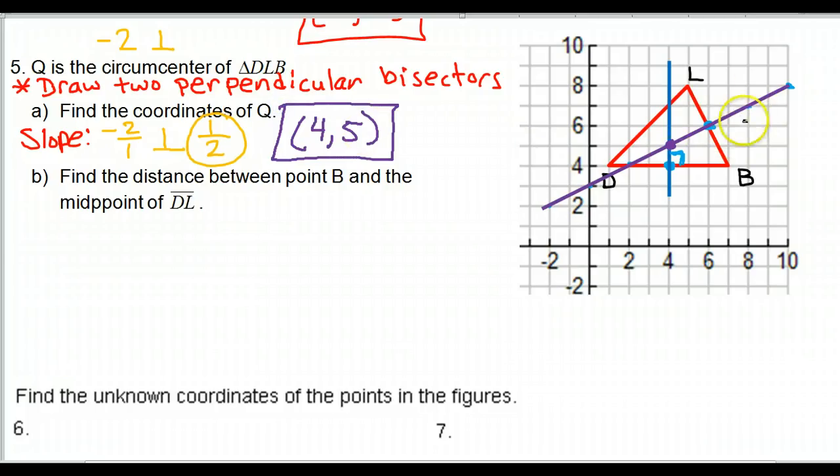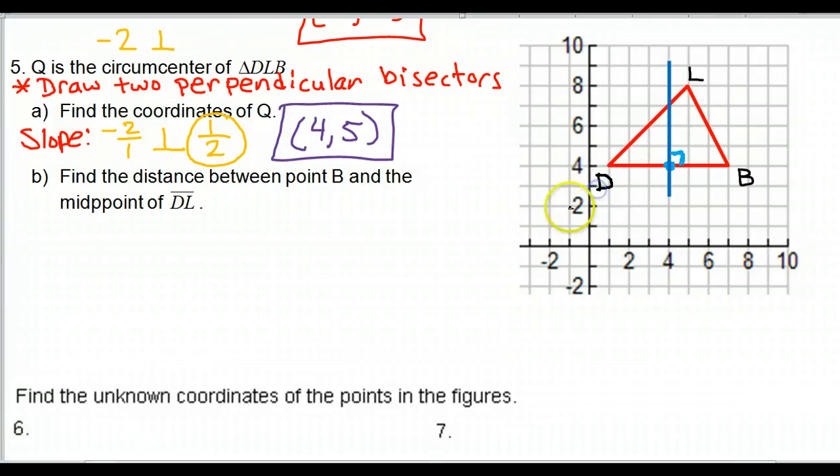Now, I'm going to go ahead and find the other perpendicular bisector just for practice. So let's pretend that I don't already know what it is. Let's pretend that I did not pick this one. So I'm going to go back. Uh-oh, what happened to my D? Got carried away.